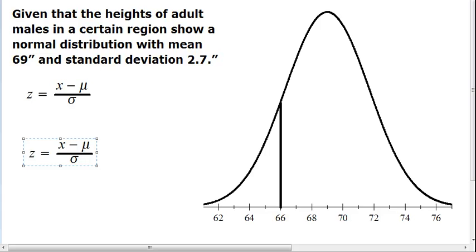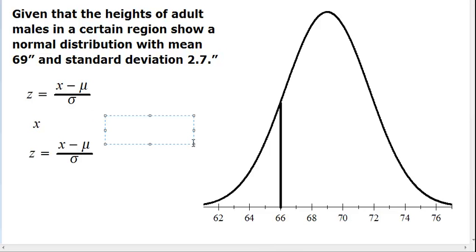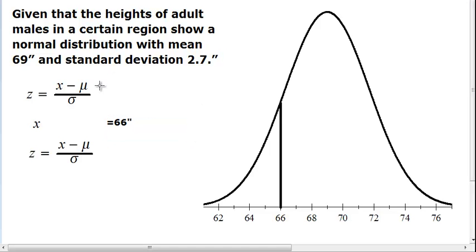So if I'm looking at, say, x equals 66 inches, how would I work on this? We have x equals 66 inches, right? Everybody fine? So let's write x equals 66 inches.